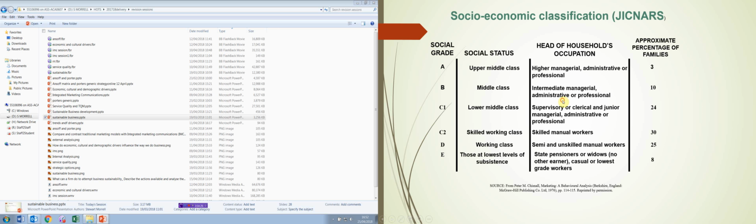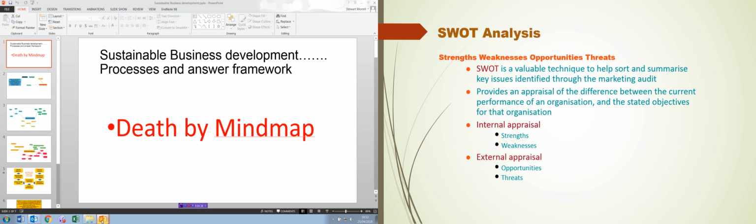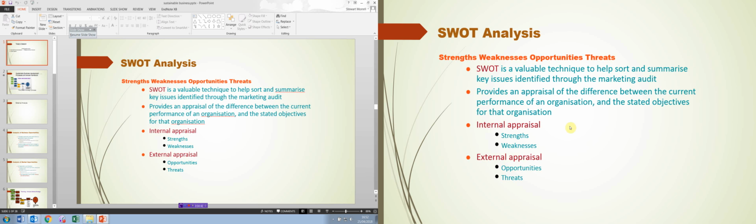And just coming through this in a little bit more detail for you, about some of the things that we looked at both in the lecture and in the revision sessions that we did. So we know what SWOT analysis is.